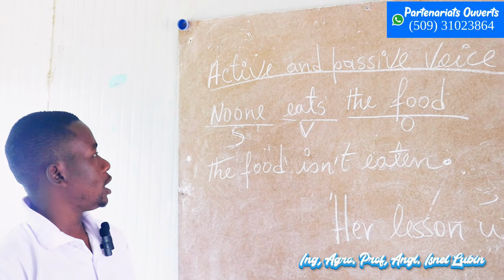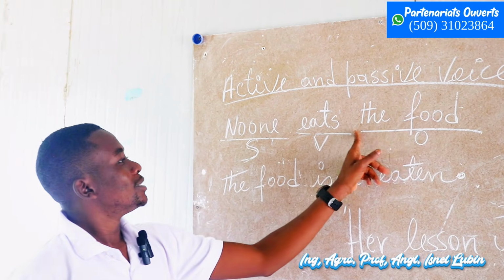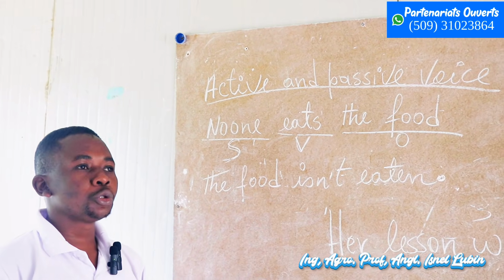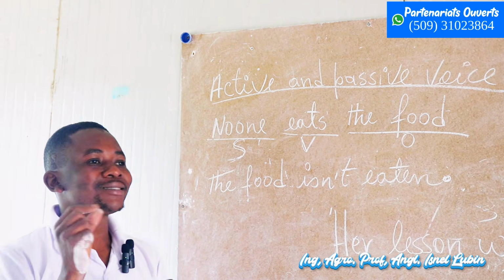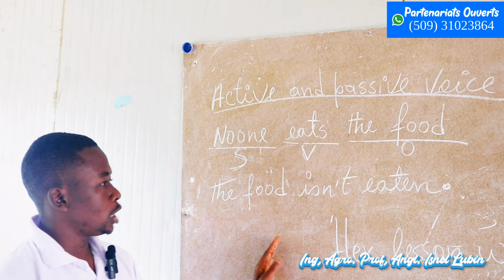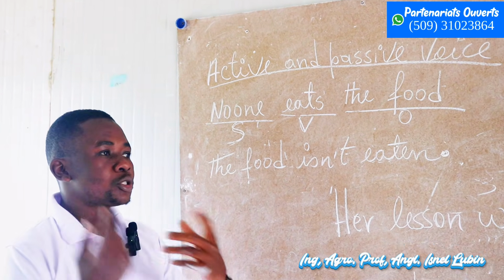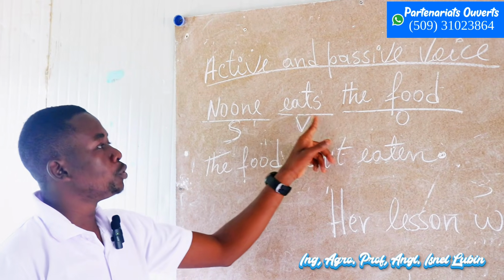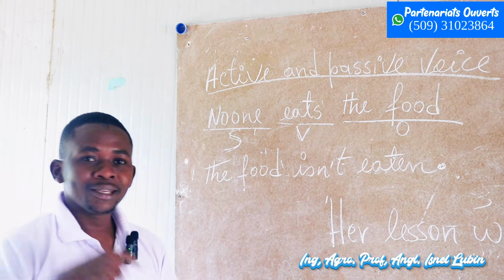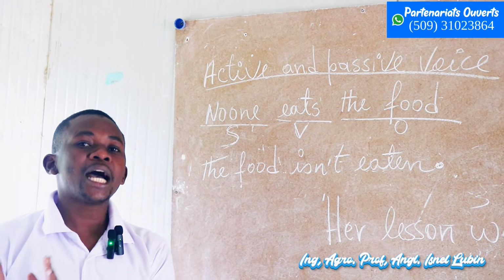After identifying the subject, verb, and object, you have to move the object to the subject position, and then conjugate the verb to be according to the tense used in the active voice sentence. And then you place the past participle of the main verb. When I say main verb, I am talking about the verb which was used in the active voice sentence. And then, if the subject is necessary, I put by and I put the subject.